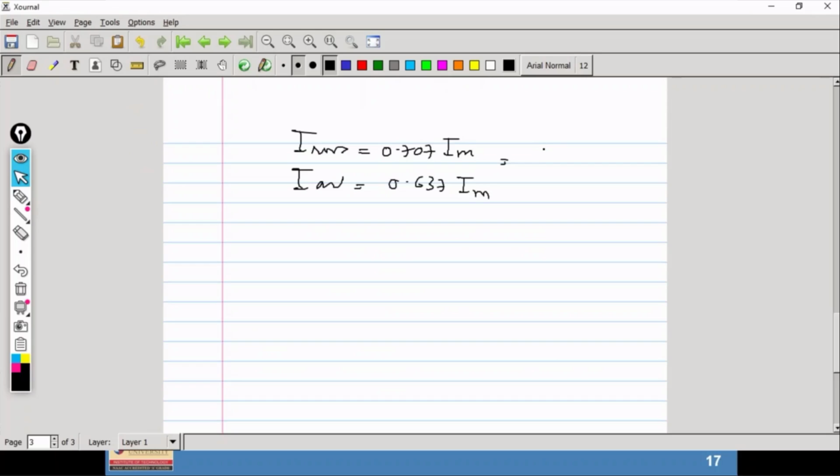To remember this, we can write IRMS is equal to Im by root 2, since 0.707 is 1 by root 2. And I average is equal to Im upon pi by 2. This way you can remember these two definitions.